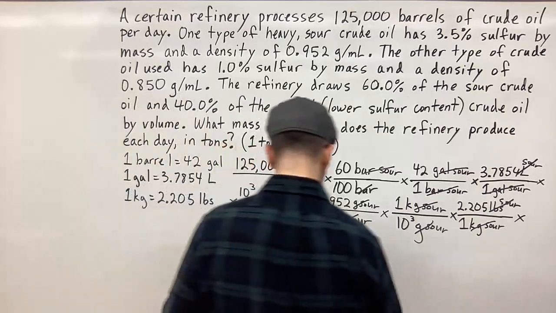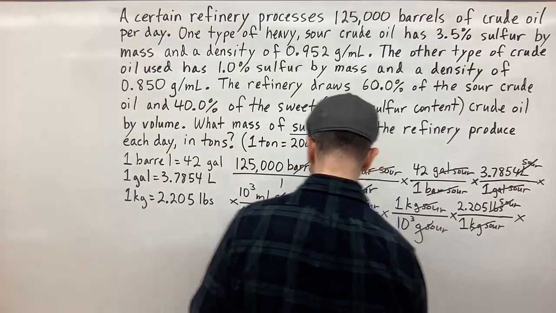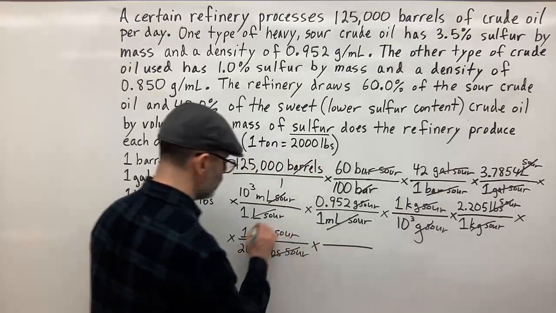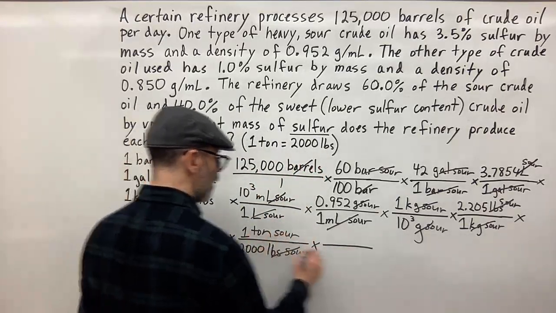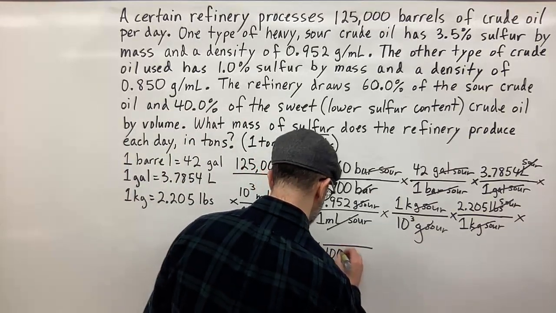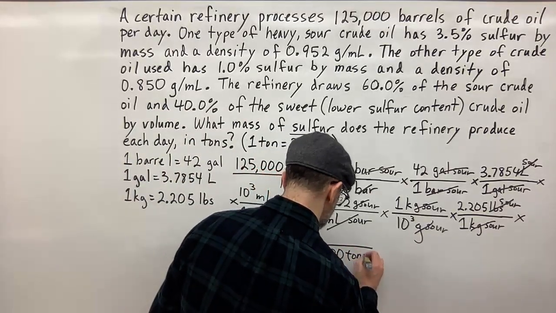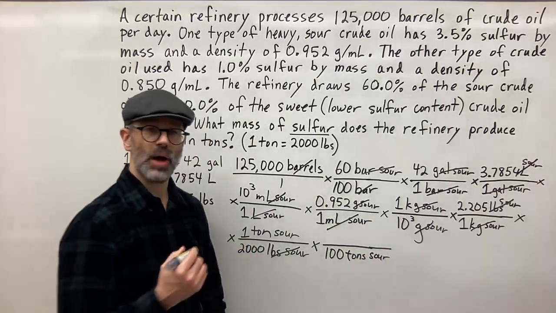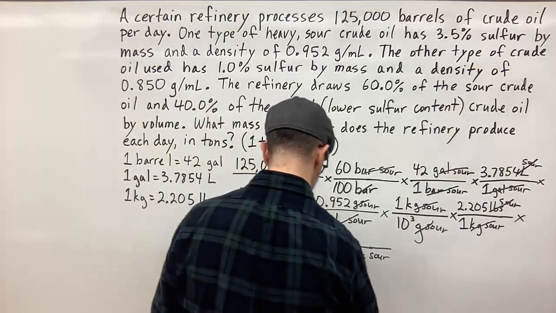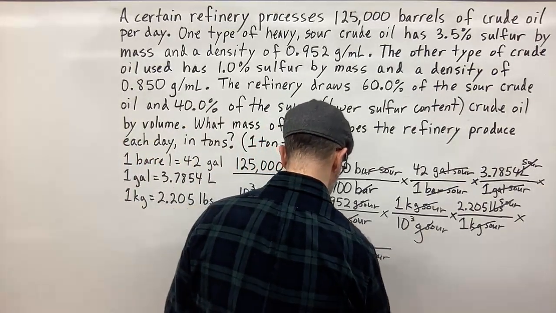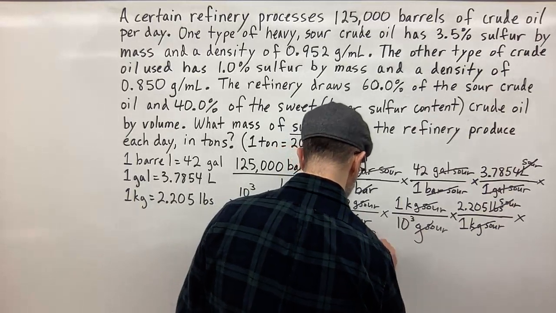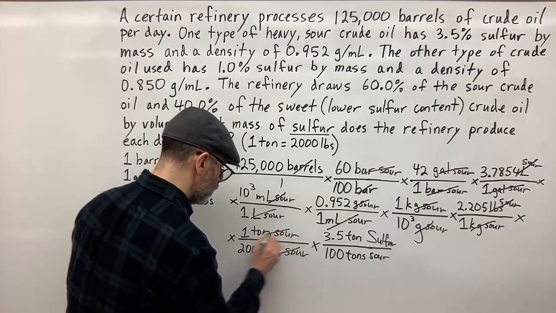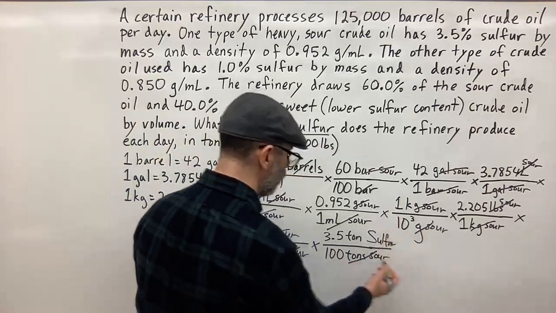So since we have tons of sour crude oil on the top, we're going to put 100 tons of sour on the bottom, and on top 3.5 tons of sulfur. So sour cancels out. Now we have sulfur.